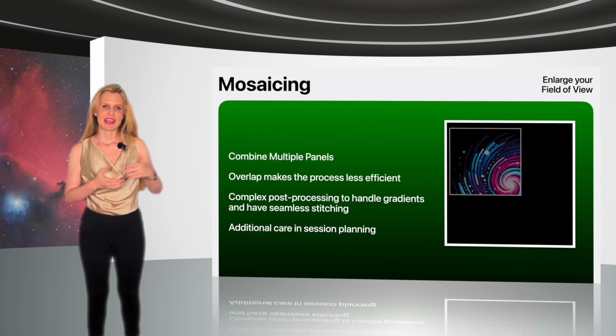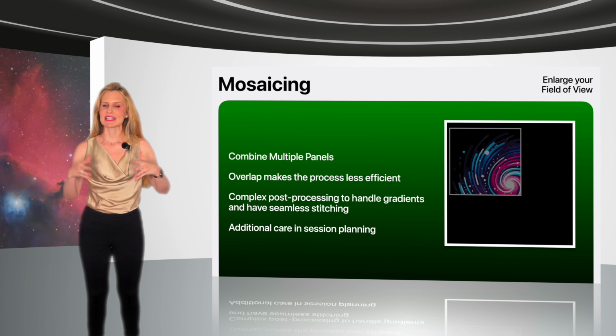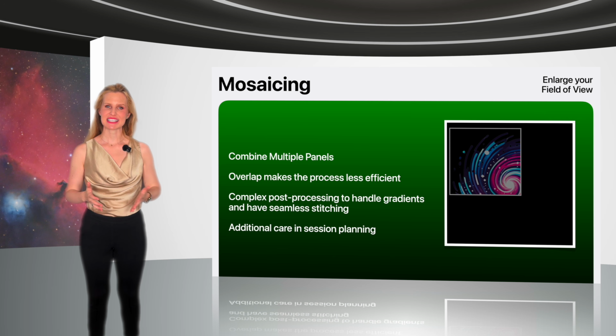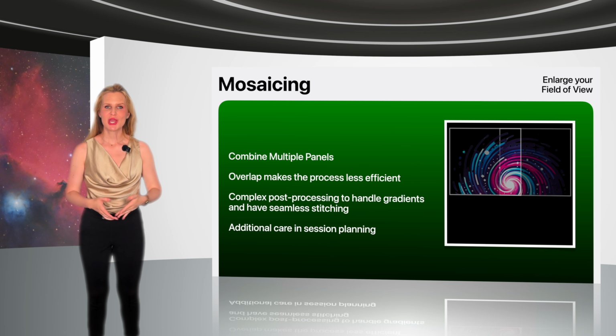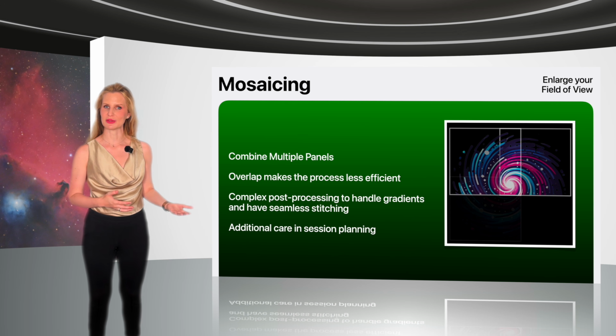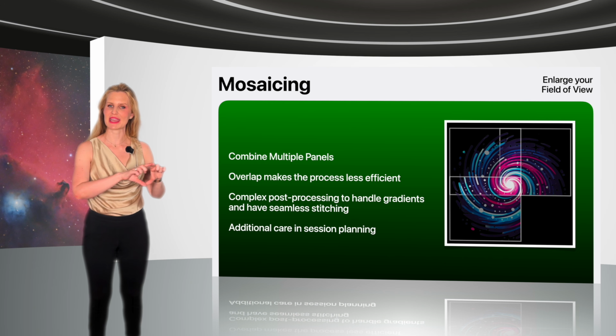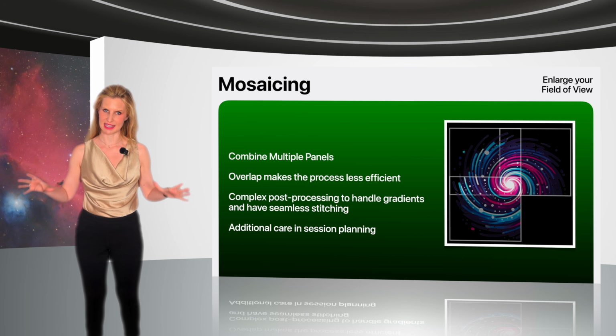Finally, we have the opposite situation when we want to enlarge our field of view. This is where mosaicing comes in. To capture a larger area of the sky, we take multiple panels and combine them into a single image. It's essentially like creating a panorama of the sky.